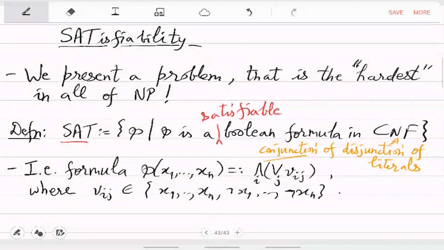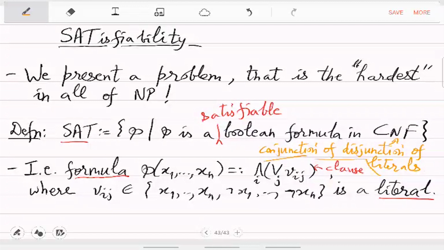This is called a literal. Okay, and this is a CNF formula, and this thing in brackets, the OR of Vij's, is called a clause. So it's a conjunction of clauses.